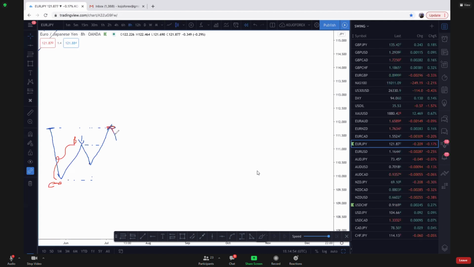But this pullback could probably create a lower high and a lower low, and a lower high, lower low, and that would be the beginning of a new downtrend. So sometimes you may make up your mind that you're just catching a pullback, but before you realize, you're catching the inception of a new downtrend. So it's a random environment we are trading in, as far as the market is concerned.